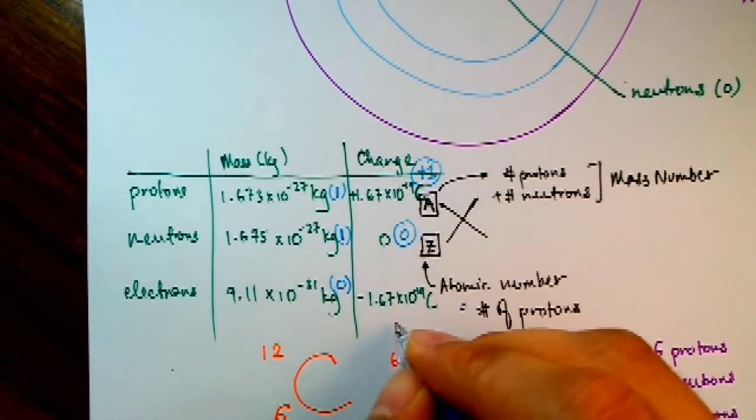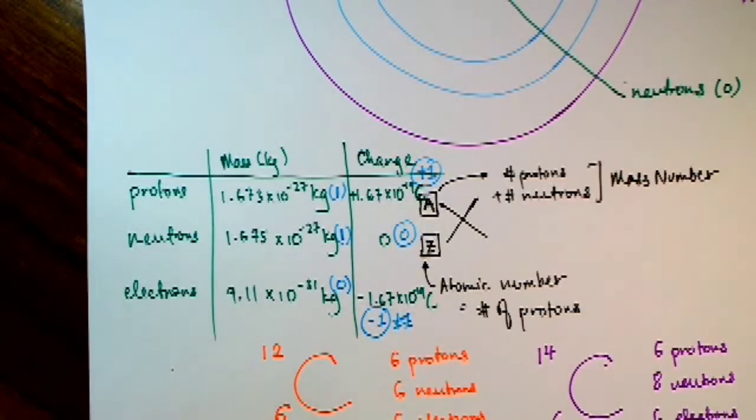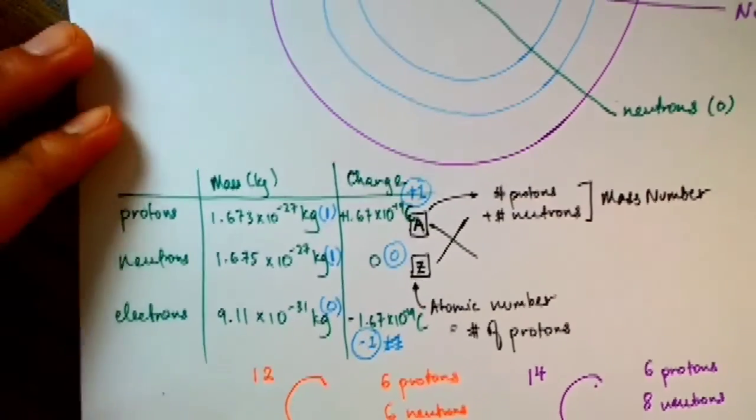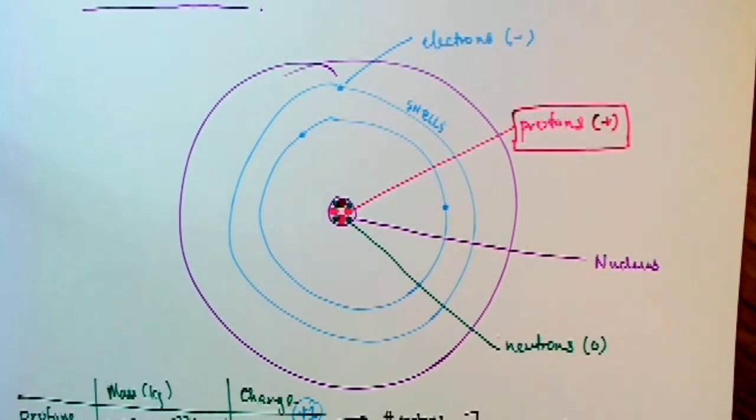Have you understood how to represent? We are generally rounding off figures here: 1.67 into 10 to the power of minus 19 coulomb you can write as approximately +1, that is unit positive charge.